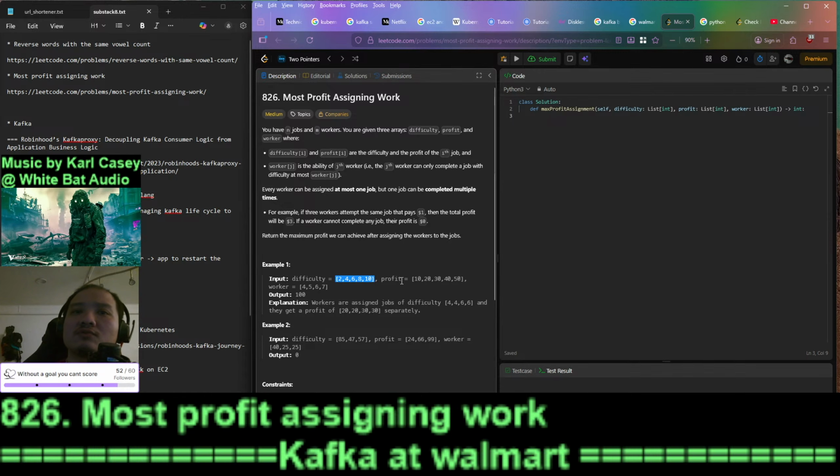We also need to sort both of these, right? So in this case it just happened to be sorted. We have to sort them because, for example, for this number right here, you want to find the max difficulty with the max profit, right?